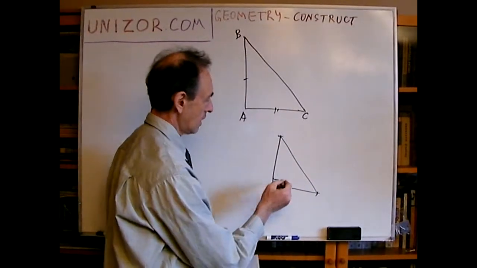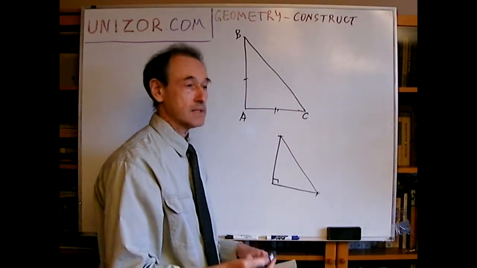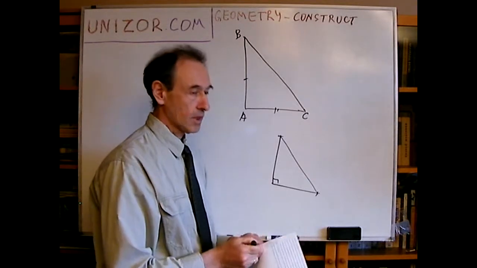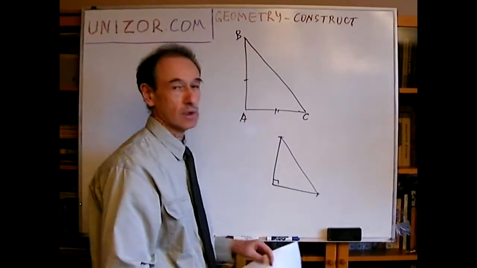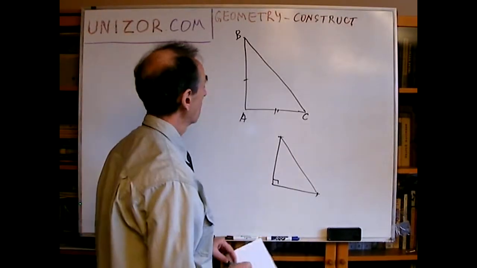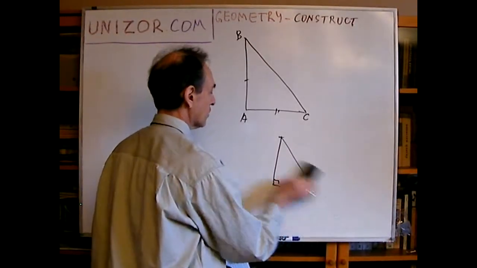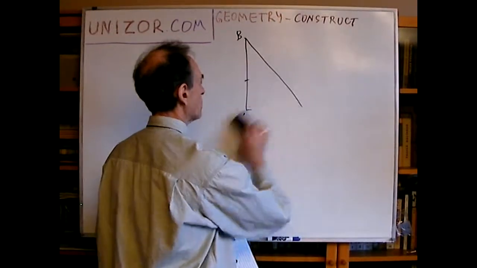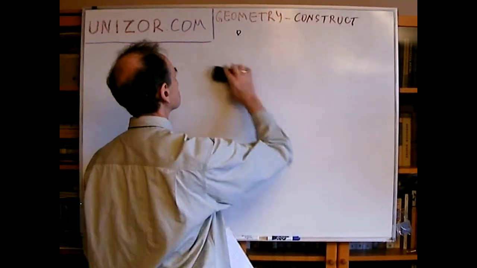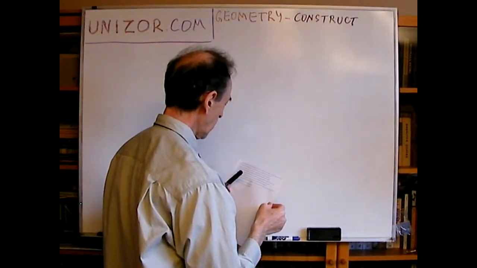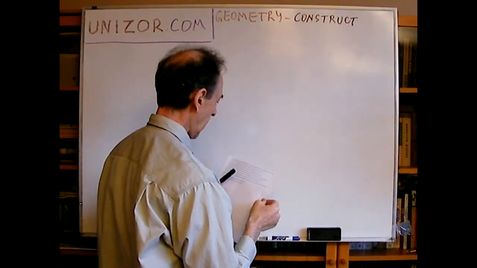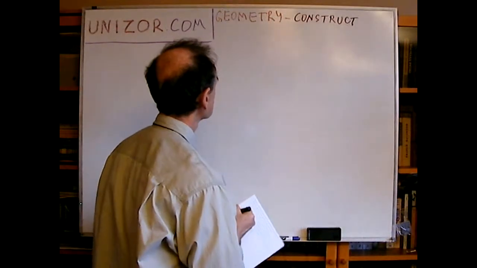That's why this angle is known. Basically, it's equivalent to constructing any triangle by two legs and the angle between these legs. In this case, the angle is 90 degrees, so it's known as perpendicular. Simple. Construct the right triangle by one of its legs, catetus, and a hypotenuse.